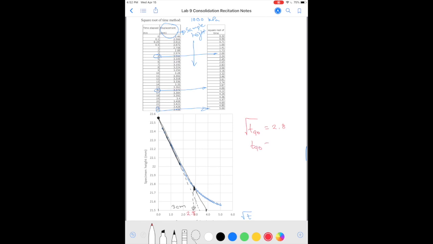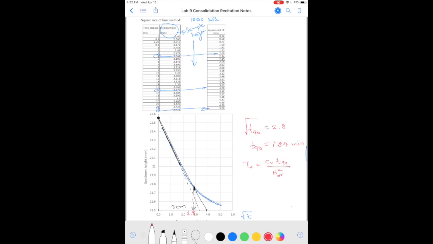So T90 will be 7.84 minutes. Okay, and then we use the equation, which is TV is equal to CV T90 divided by HDR squared.